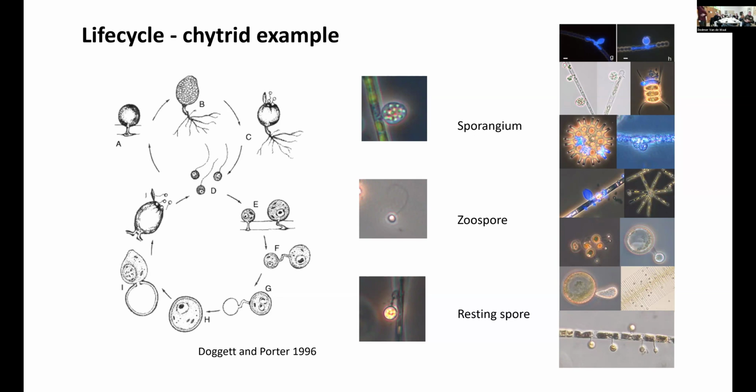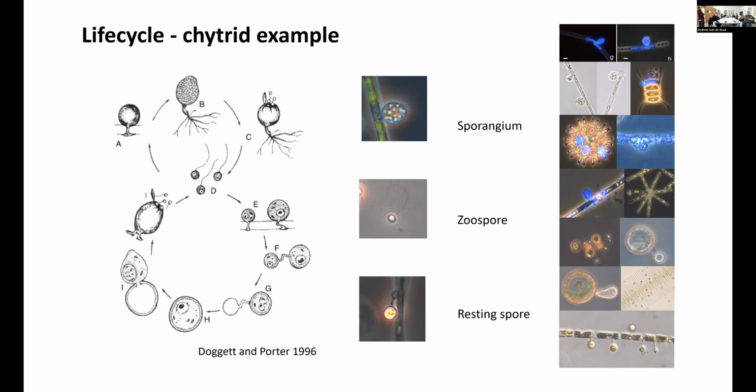Through mitosis, you get, you will talk much more in detail on that, I guess. Through mitosis, you will get zoospores developed, and when it's ready, the sporangium bursts open and the zoospores are released. And then you also have a sexual cycle where you have two compatible attached sporangia, which form a zygote, and then a resting spore.